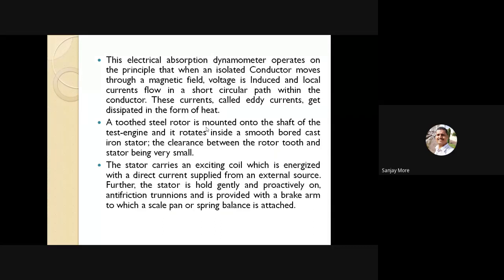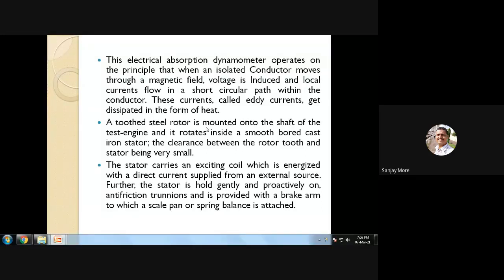A toothed steel rotor is mounted onto the shaft of the test engine, and it rotates inside a smooth bore cast iron stator. The clearance between rotor tooth and stator is very small. Then the stator carries an exciting coil which is energized with a direct current supplied from an external source.